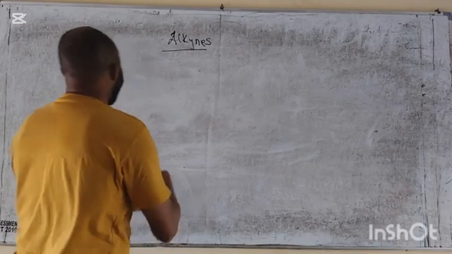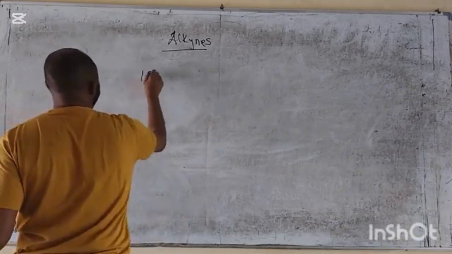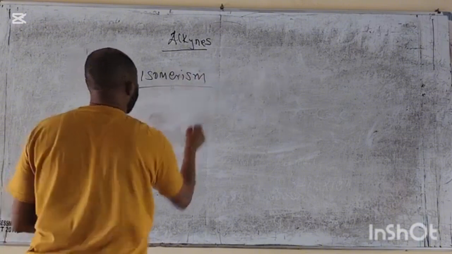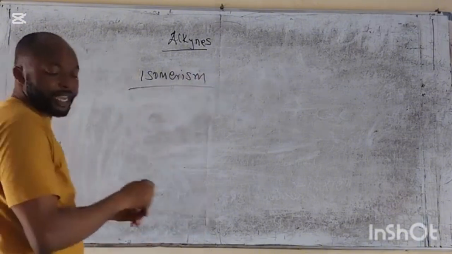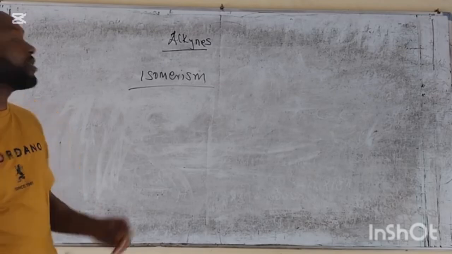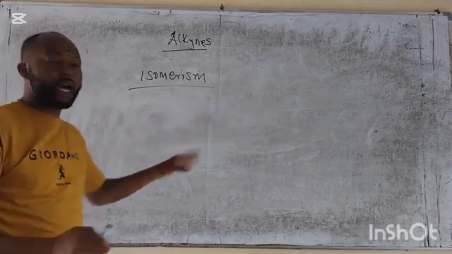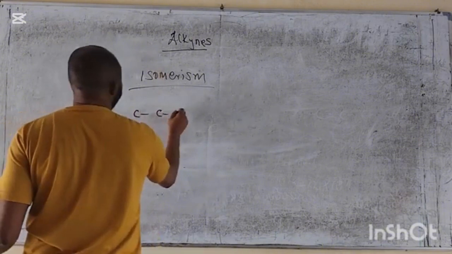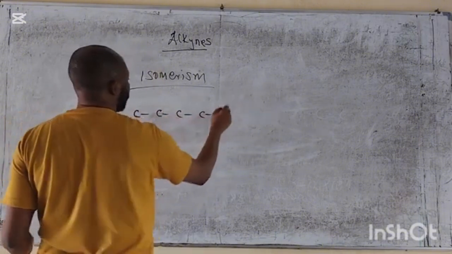So now in isomerism, which I say again is a phenomenon where compounds having the same molecular formula have different structural arrangement. Let's take this one. 1, 2, 3, 4, 5.